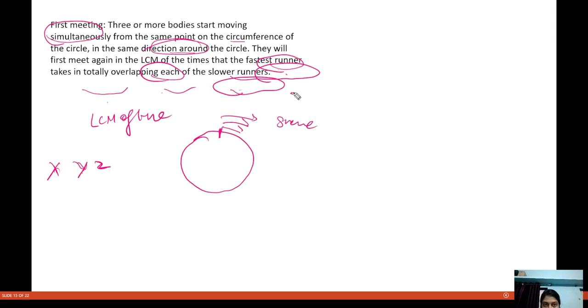So for example, let us say we have some person A, who is able to overlap each of these. He is the fastest runner, and then we have x, y, and z.